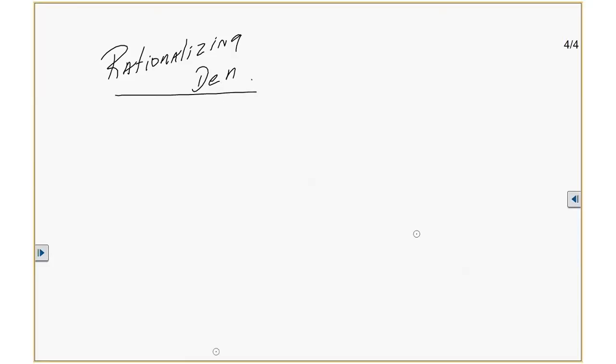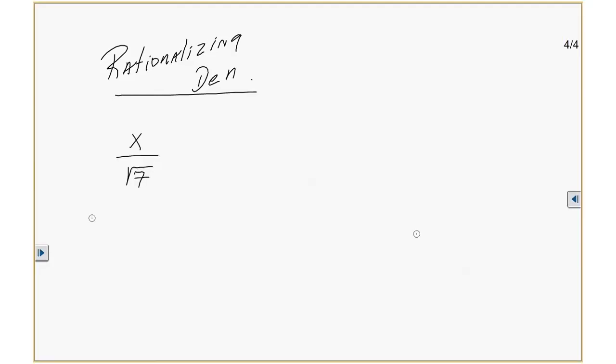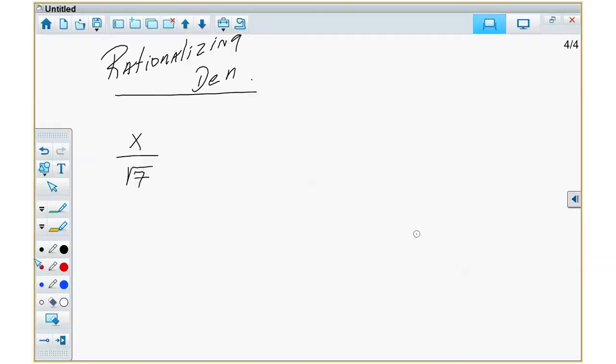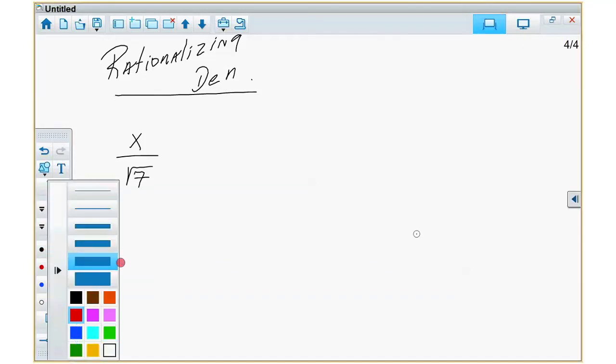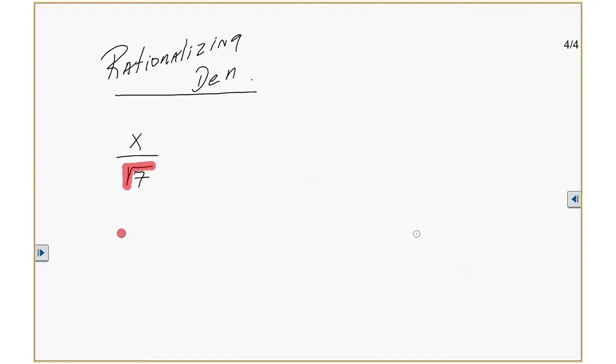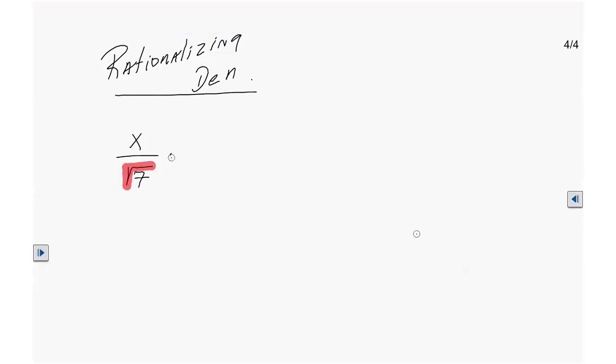If I give you 4x over the square root of 7, okay, this right here, we're going to take a highlighter, and we're going to highlight this radical here because that's a no-no. Why is it a no-no? Because you don't want a radical in the what? So we're going to multiply by the square root of 7 over the square root of 7.